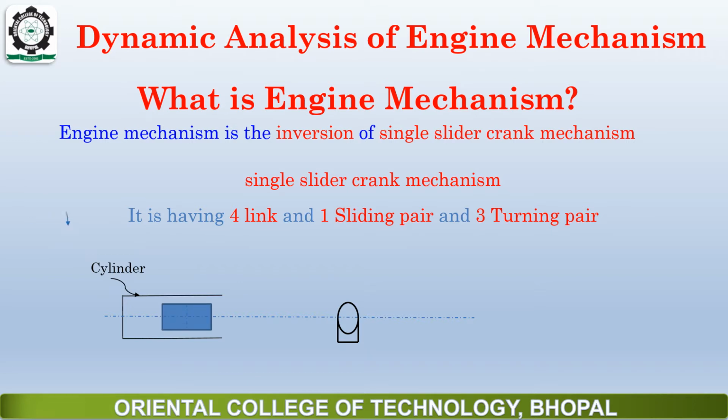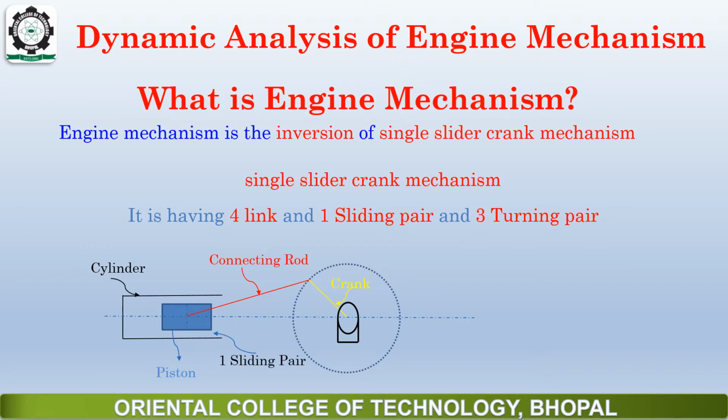This is link number two and it is known as piston or slider. Then one more link connected to the piston by a turning pair is known as connecting rod. And the connecting rod is finally joined with one more link with a turning pair, known as crank. This is the crank.